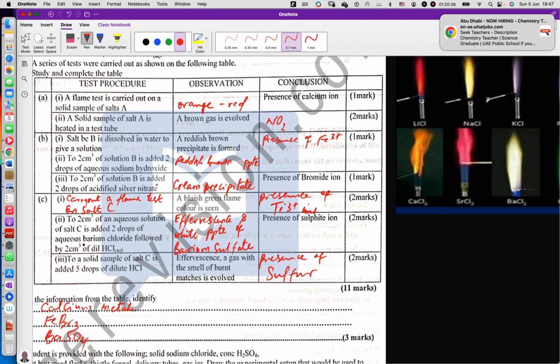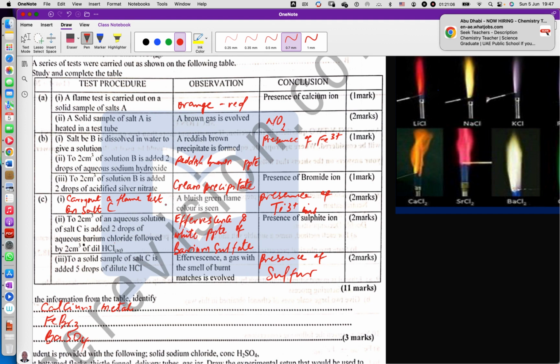To 2 cm cube of B is added 2 drops of acidified silver nitrate. The presence of bromide ion indicates a cream precipitate, a halide.